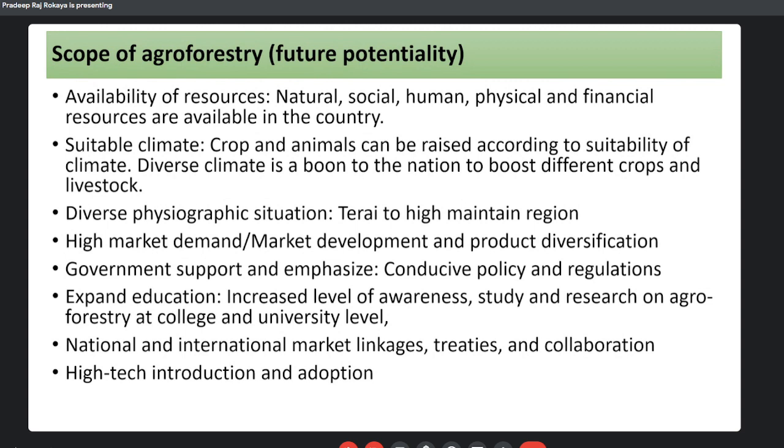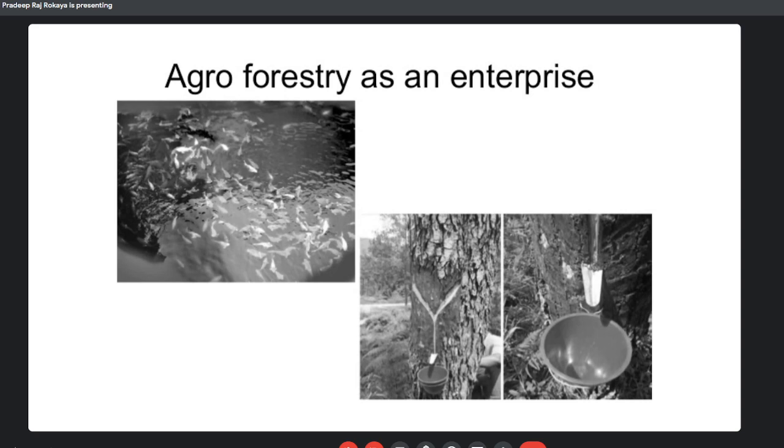So with the introduction of high tech and a high adoption ratio, the scope of agroforestry is seen as very bright. This is the overall scope of agroforestry.